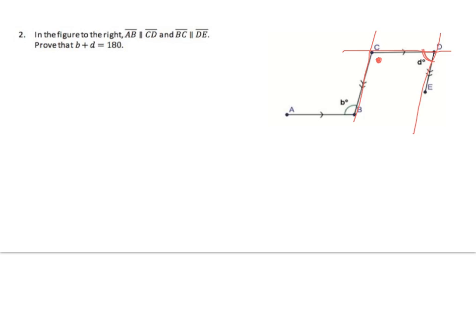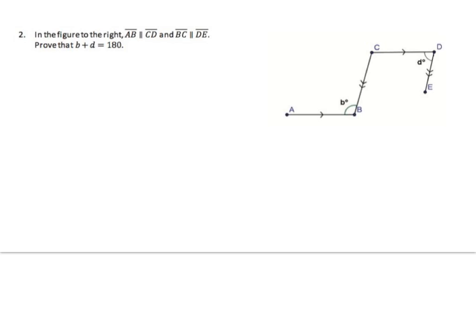Then, if I look at these two parallel lines and this transversal, I can say that this angle and this angle are equal because they're alternate interior angles. So this plus this equals 180. These are equal. I can substitute to get to this plus this equals 180. Let's go ahead and do it. Erase my drawing.